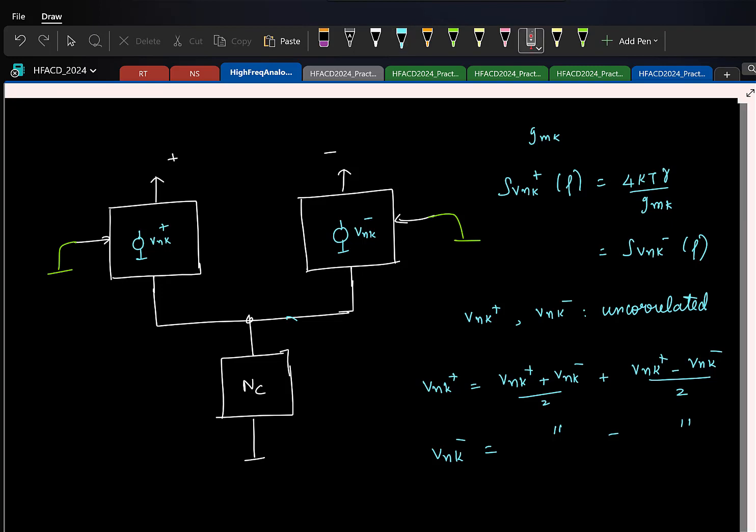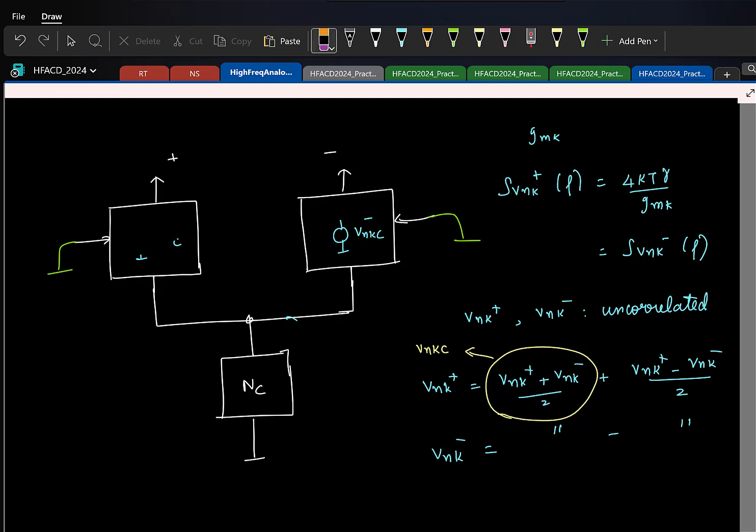Now I can assume that I'm exciting the network with first the common mode. I'll call this VNKC. So here the voltage that I'll consider will be a common mode voltage, VNKC. Here also it is. So what will be the differential output? 0, right?